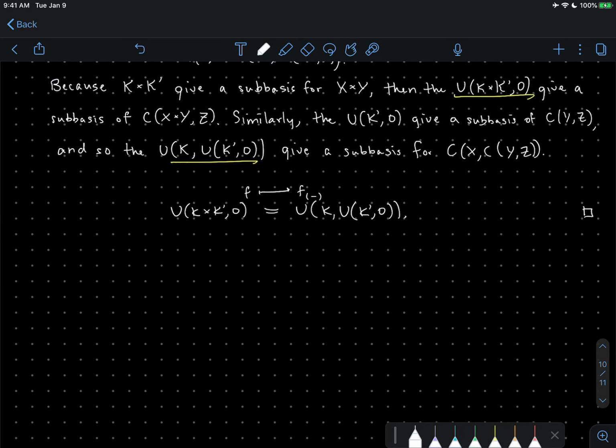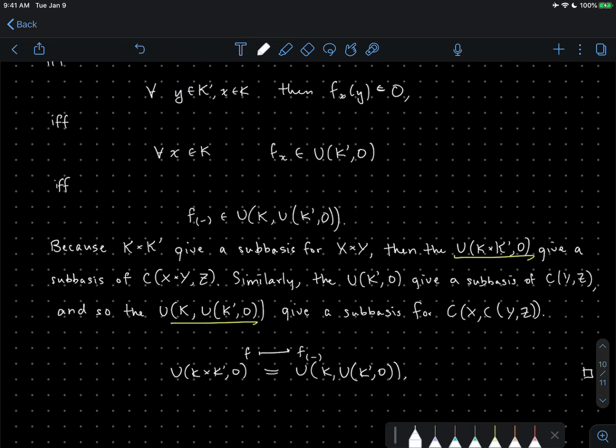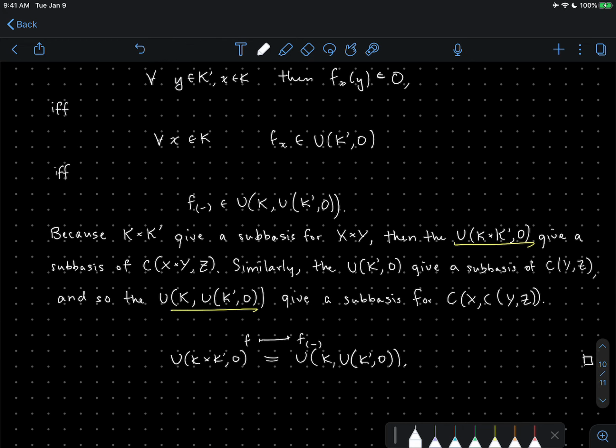I really don't like point set topology, but it's important to have that to have this exponential law.